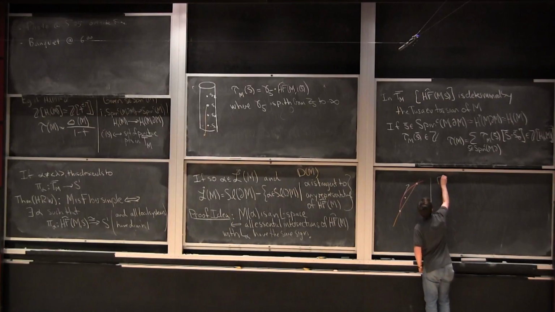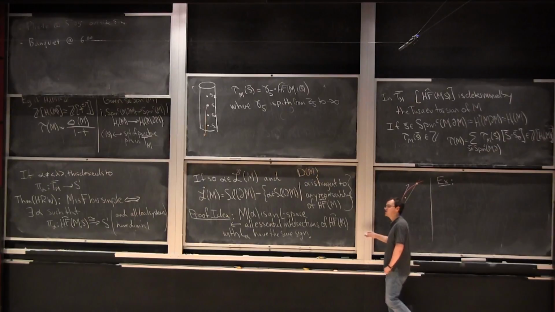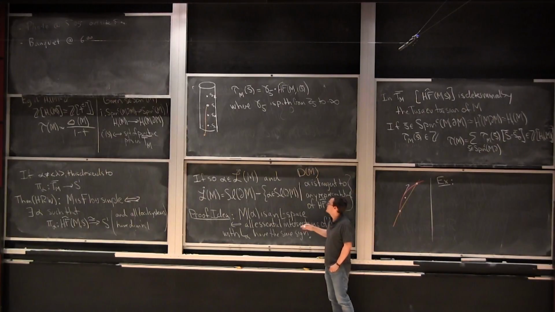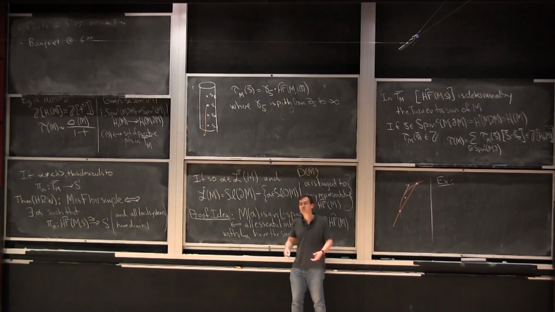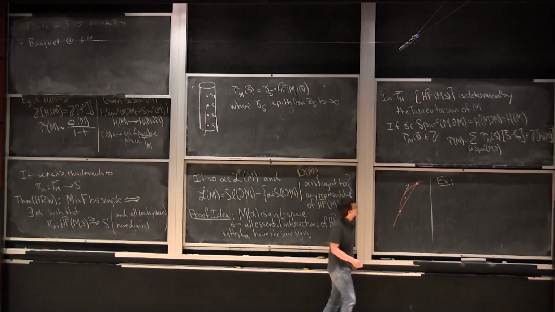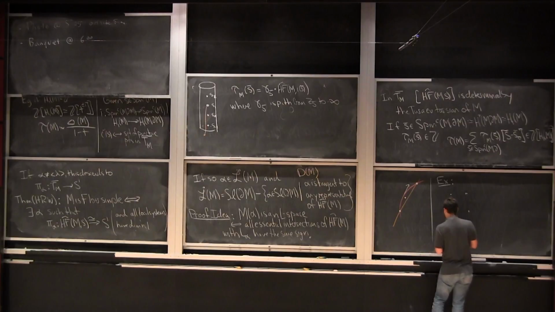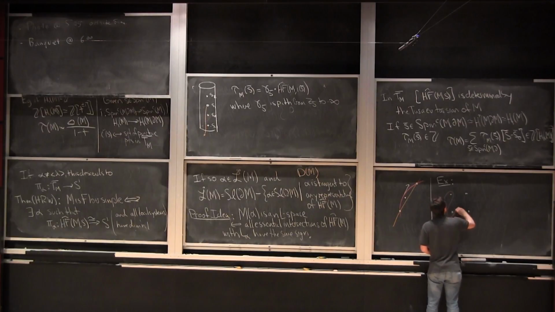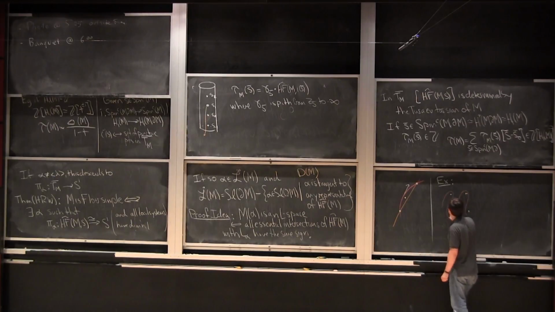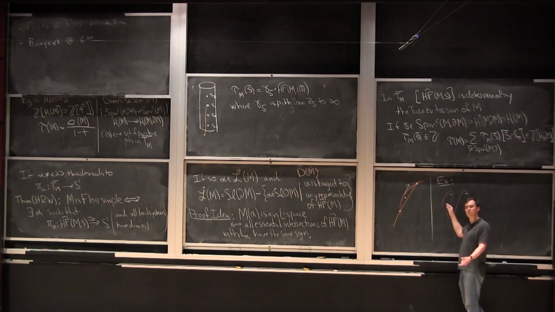Maybe let's go back to the example of the trefoil. In practice, if you give me a picture of this HF hat of M, it's really easy to figure out what this set of filling slopes is. Maybe I had the invariant of the trefoil here. You might wonder about the slopes changing.